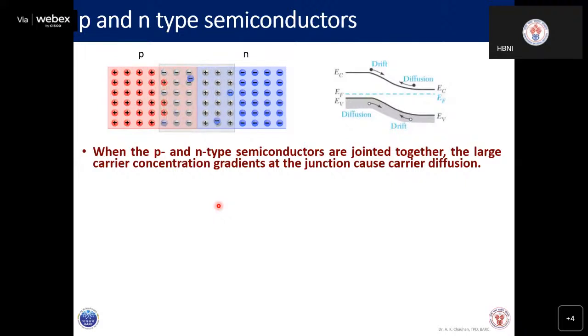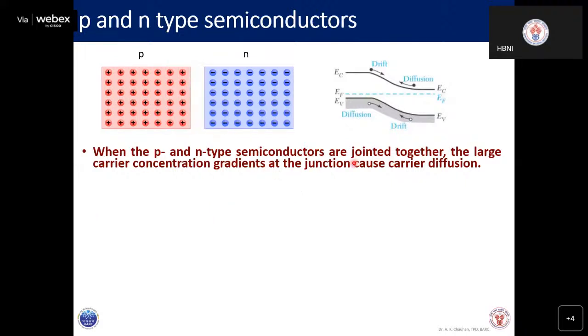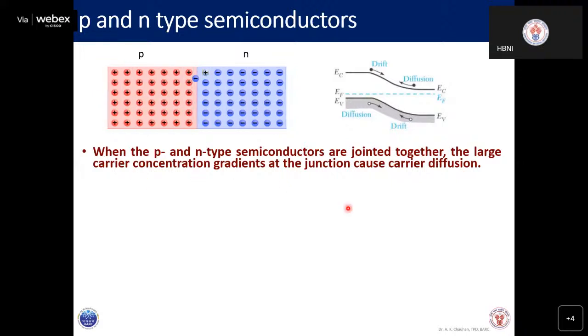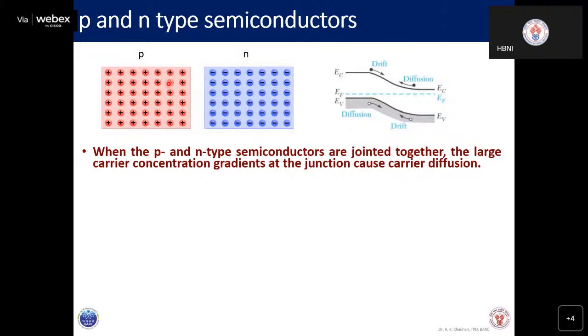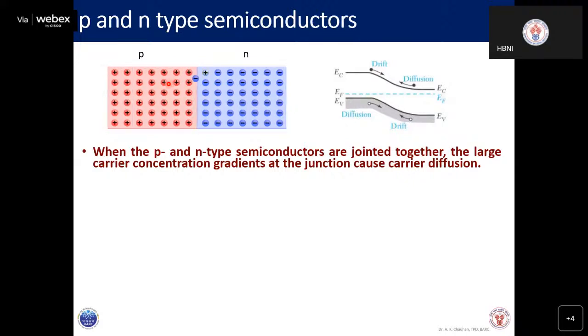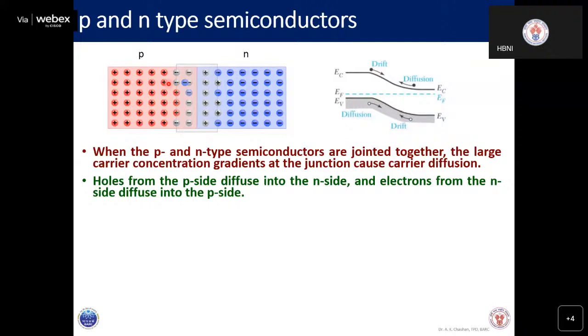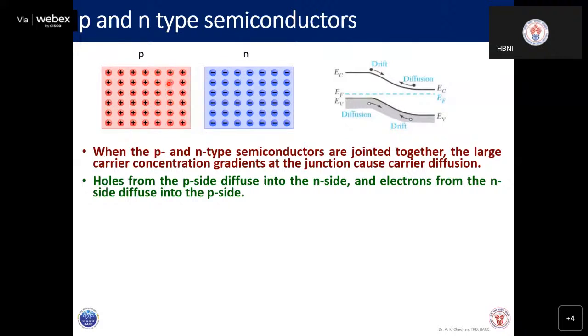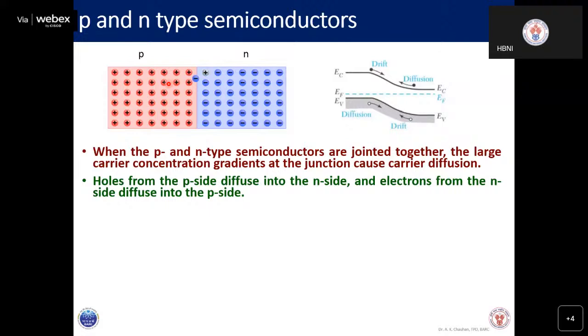When these are joined, there is a very large carrier concentration gradient, because there are a lot of electrons on one side and an absence of electrons on the other.